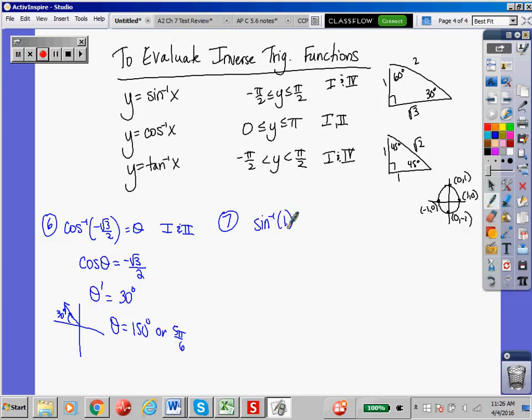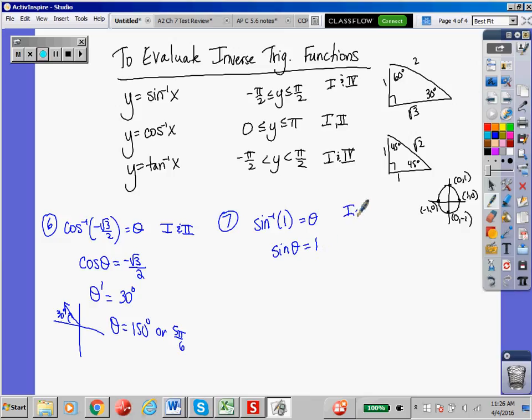Okay, let's do inverse sine of 1. So this is the sine of theta equals 1.